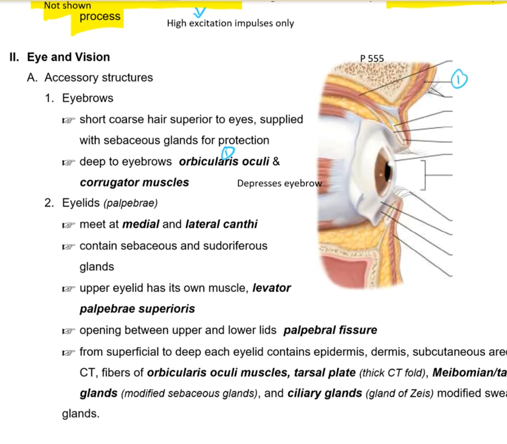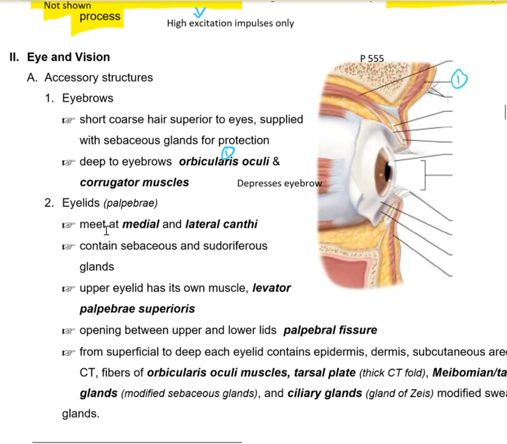Okay, and then we also have the corrugator muscles, which are medial, and those are right here, and those are going to help open the palpebral fissures, which we'll get to in a second. But I don't care as much about those, so let's skip those for now.